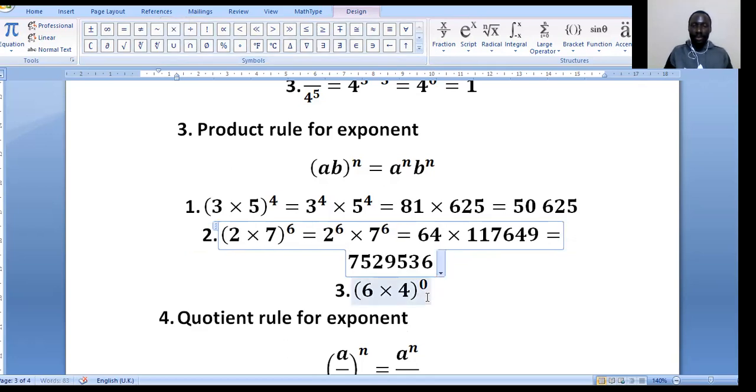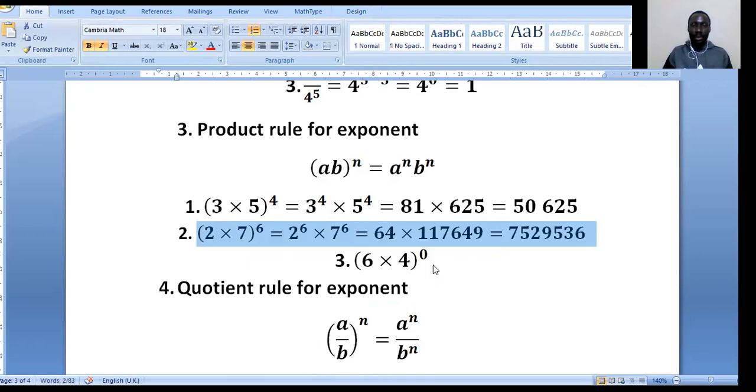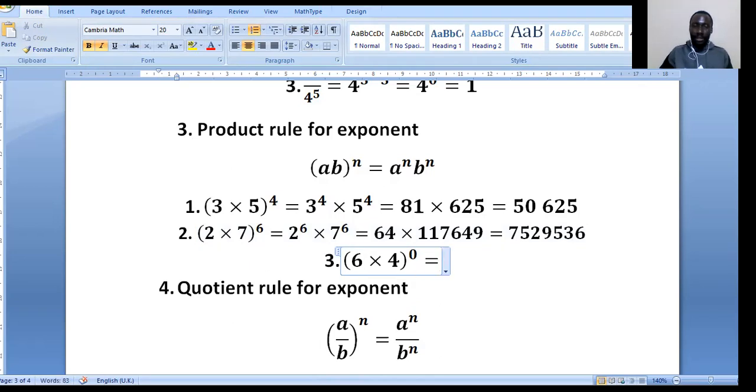Now, how about this? Well, just reduce this a little bit so that it can fit on one line. All right, there we go. So how about this? Now, notice that this one will also still give us the same value of 6 and 4, with the exponent distributed.